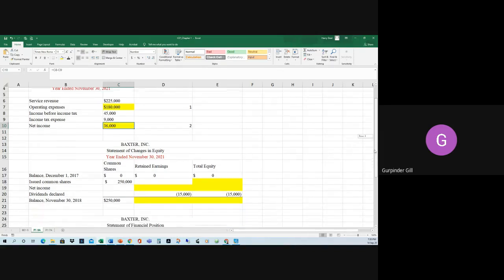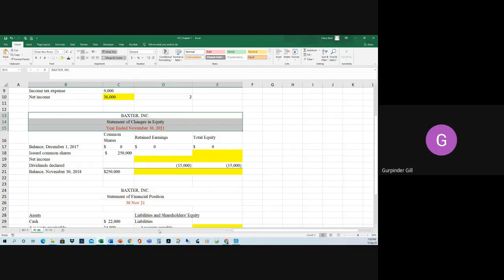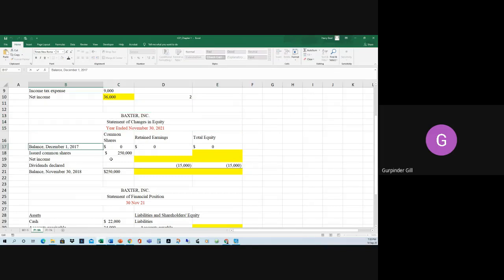Looking at our statement of changes in equity, other than the name of the financial statement, your title is exactly the same as your statement of income.